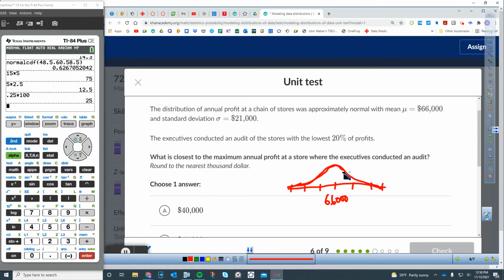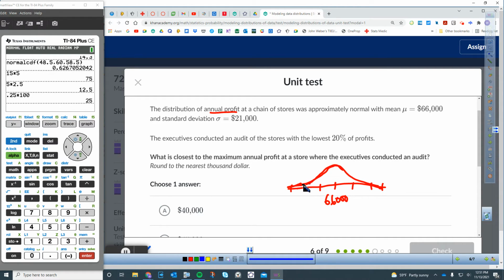Then, because this distribution is a distribution of annual profit, the executives conducted an audit of stores with the lowest 20% of the profit. Lowest 20%. Now, because this curve goes all the way to infinity, negative infinity here and positive infinity here.